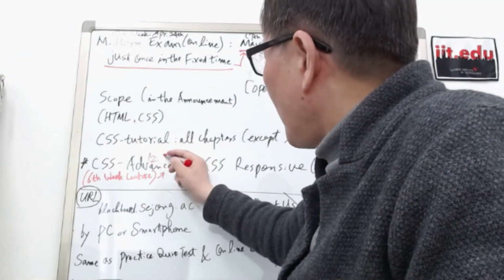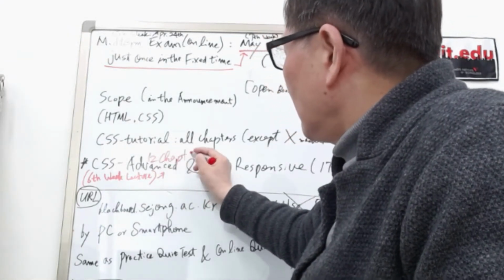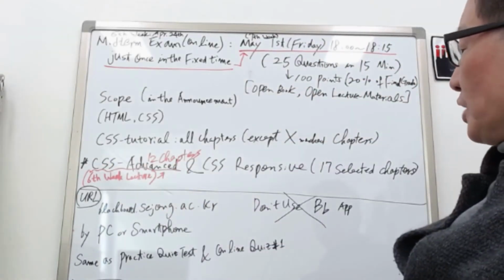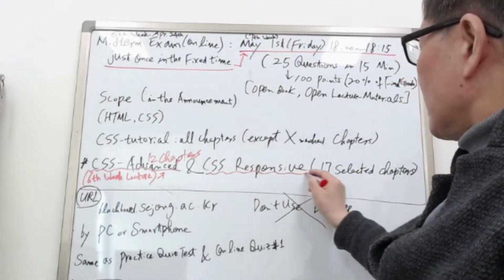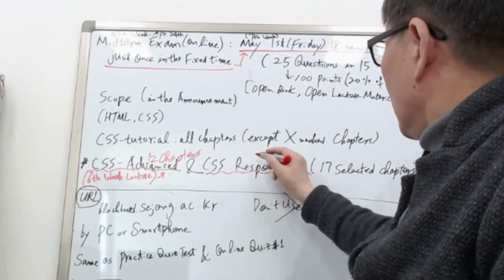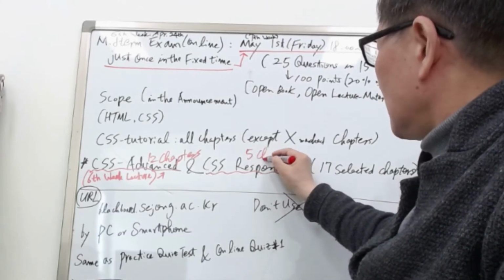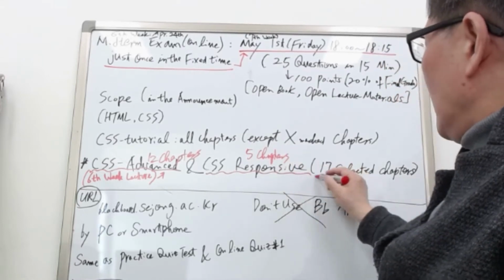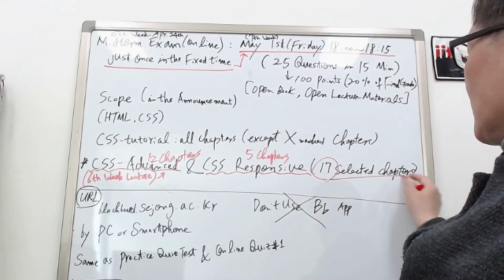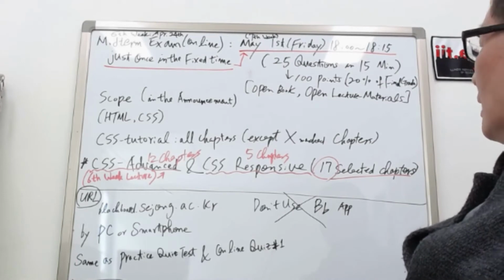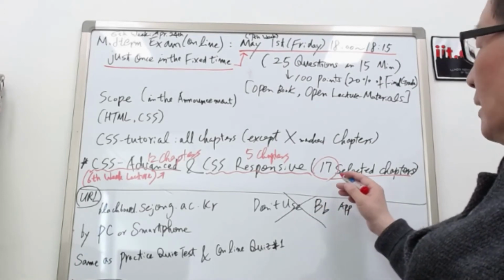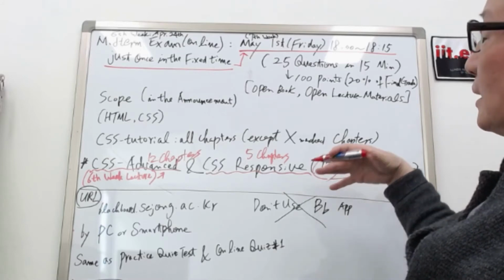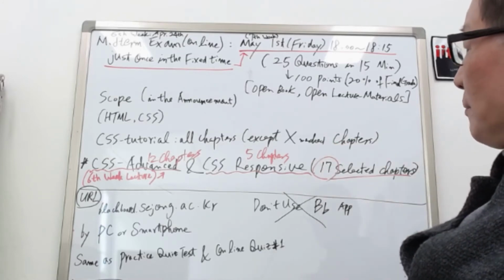Probably 12 chapters are selected from the CSS Advanced section, and about CSS responsive, probably 5 chapters. Thus, in total, 17 selected chapters are probably the scope for the midterm exam.